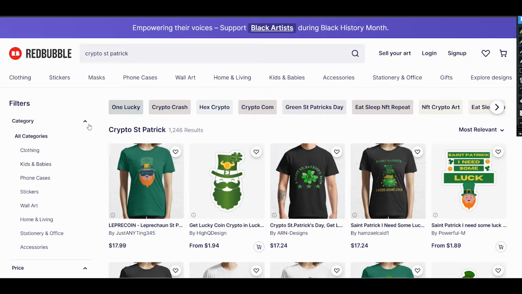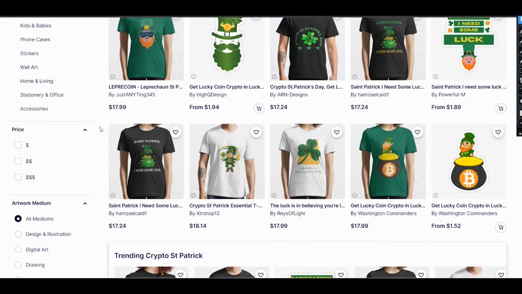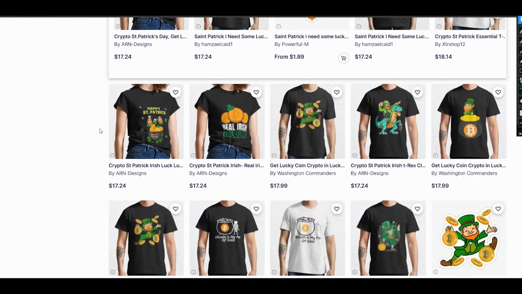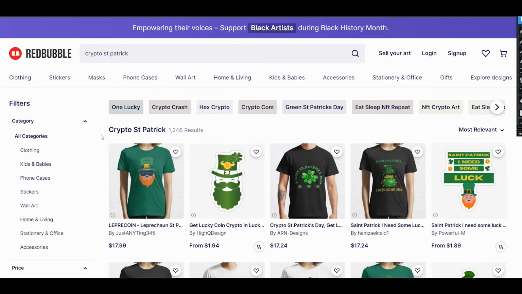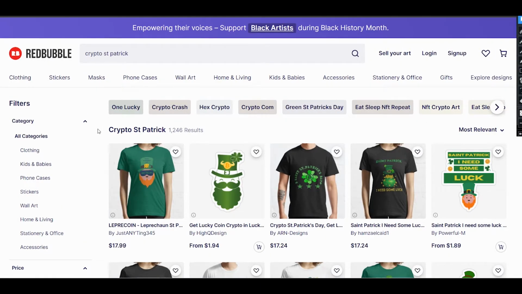And for this competition I think that it is okay to make some design, and of course you can use some other phrases or keywords, like here, real Irish treasure, or some other keywords, and also optimize them for Crypto St. Patrick's keywords too, and it will be good and you can get your sales.